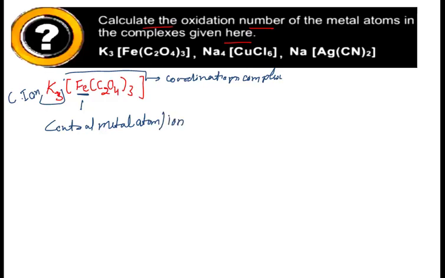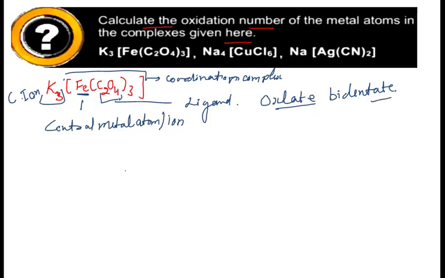And what about this? In general, it is called a ligand. If you are asked to name this, it will be oxalate, right? And it is bidentate. I think you remember these terms now. All these should be clear in your mind. So now we are going to predict the oxidation number on iron.